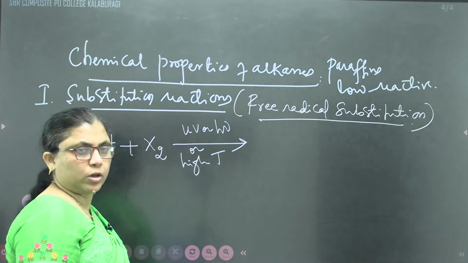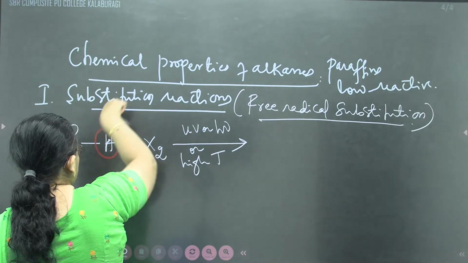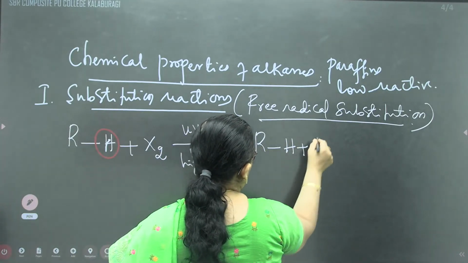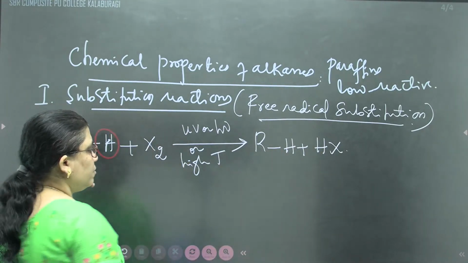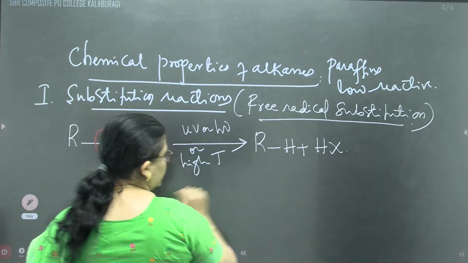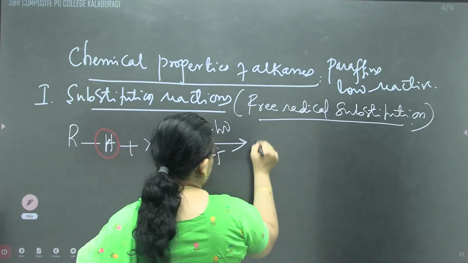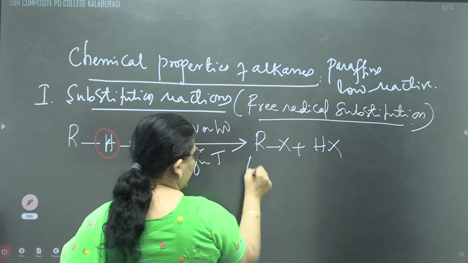One of the hydrogen atoms is replaced by X, giving RX plus HX. This is an alkyl halide.